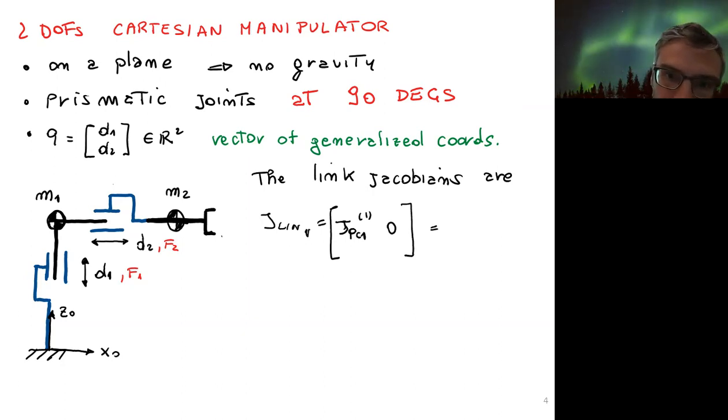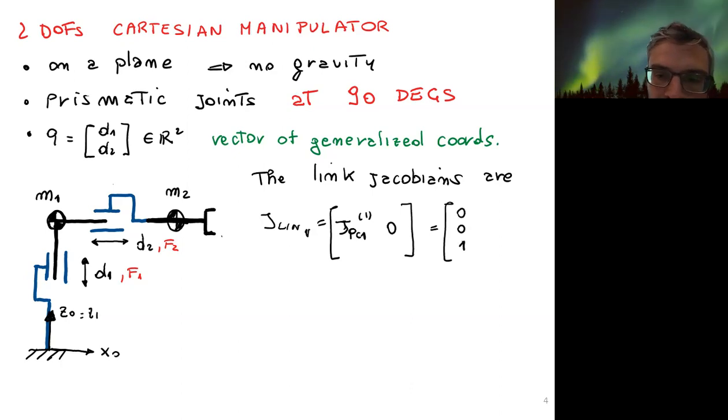And since we are talking about a prismatic joint, and the axis of the first joint, Z1, is aligned with the joint axis according to our convention, then we will have 0 0 1 as the geometric Jacobian related to the prismatic joint.